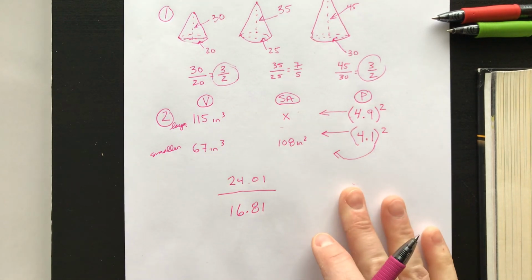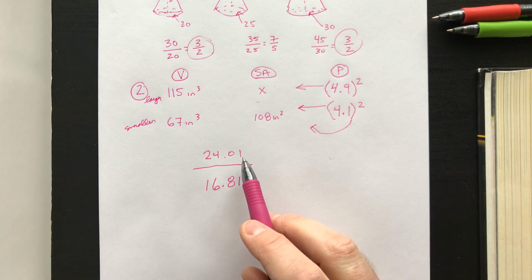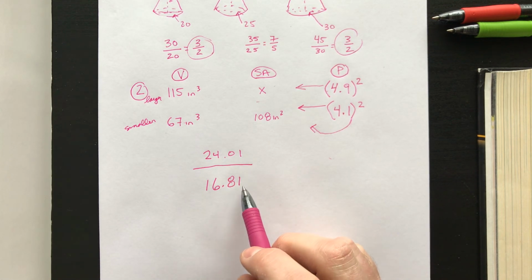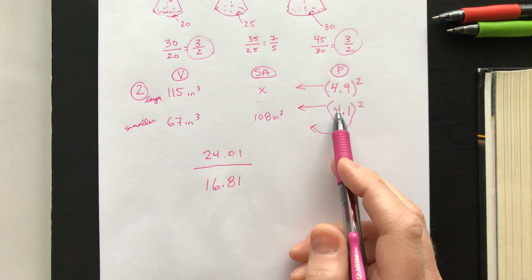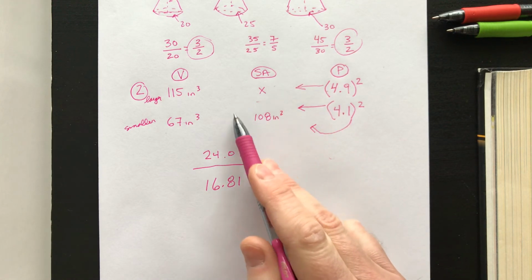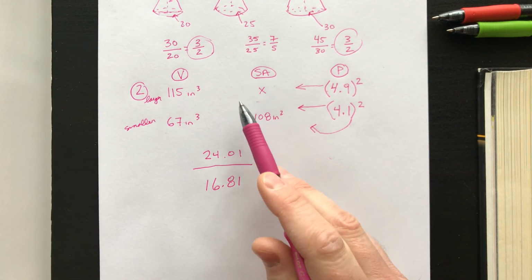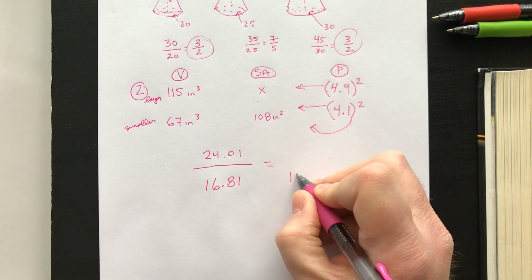Now I set up my proportion, okay? So we have 24.01 over 16.81. Because I squared after I took the cubed root, I'm now in the second level. I'm in the same level as surface area. So I can finally compare those numbers.